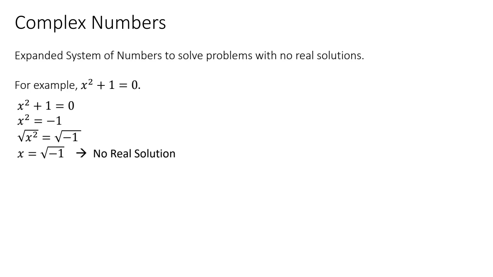So up till now, on your homework, you were just putting that, oh, they don't exist. That means that we knew that if solving for x gave us a negative inside the radical, there were no x-intercepts. But really, the true answer is that there are no real solutions.